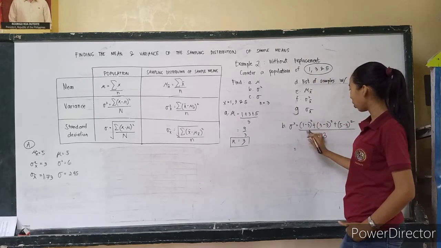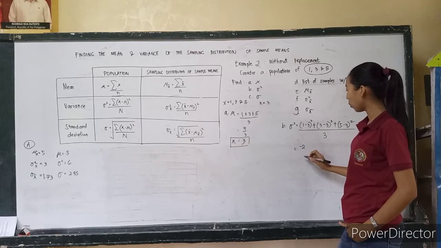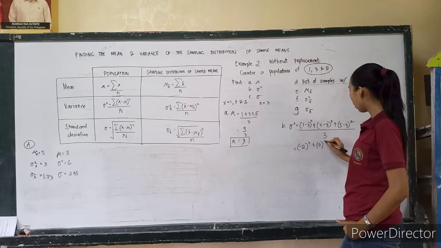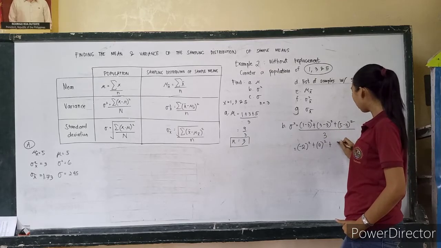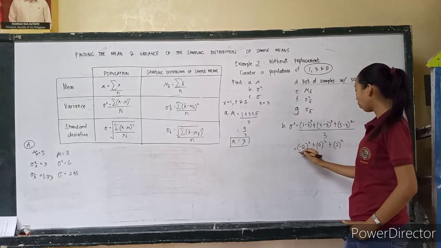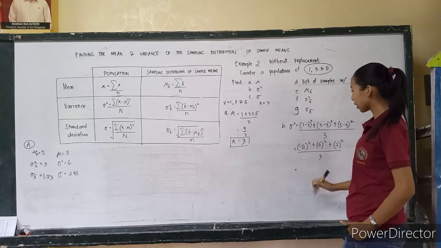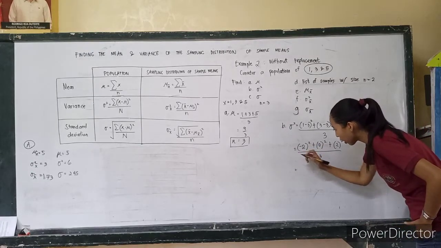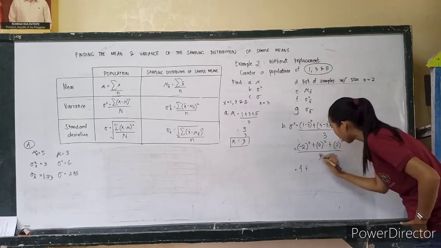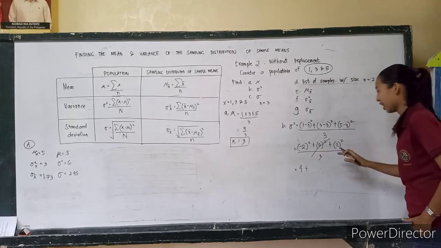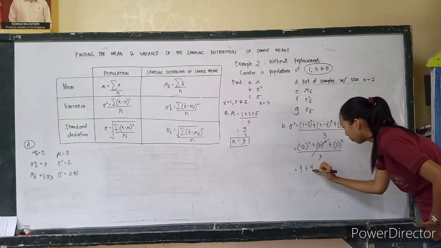Next, one by one: 1 minus 3 is negative 2, then squared, plus 3 minus 3, that is 0, squared, plus 5 minus 3 is positive 2 squared, over 3. Next are the squares. Negative 2 times negative 2 is positive 4, plus 0 by itself is 0, and then 2 by itself is positive 4 also.